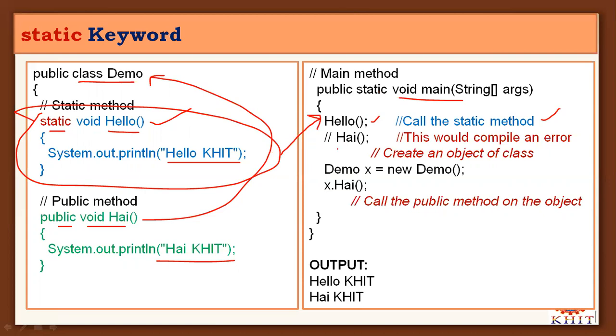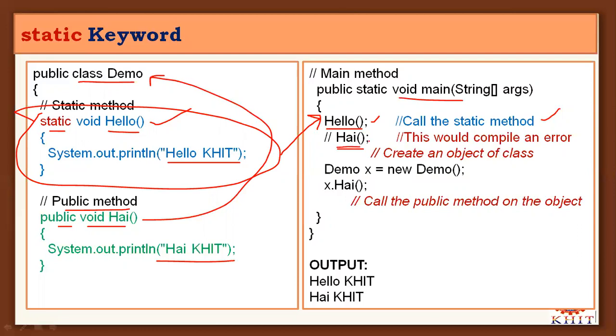But we cannot do the same with the public method because it is a member of the class. Even though the static method is also a member of the class, we cannot make a condition that it should be accessed only through an object. It can be called and accessed without any instance of that class. Before creating any objects, you can call static methods, not public methods.